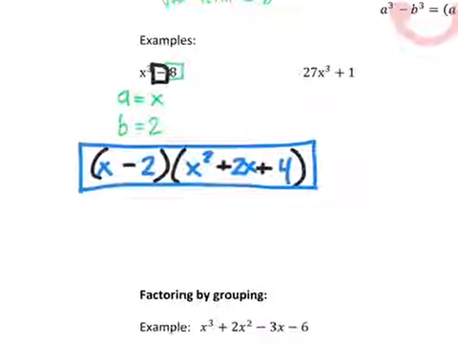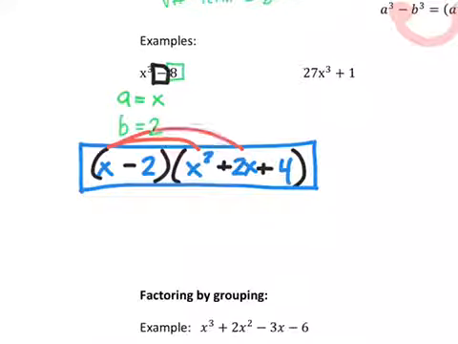All right, and if you don't believe it, I'm going to distribute it out here real quick, which you don't have to write this part down or kind of understand this, but it's just a little proof that this does in fact factor out. Now, if I distribute these x's, we'll get these terms. I'm just doing these 3 lines right there. We'll get an x cubed plus a 2x squared plus 4x.